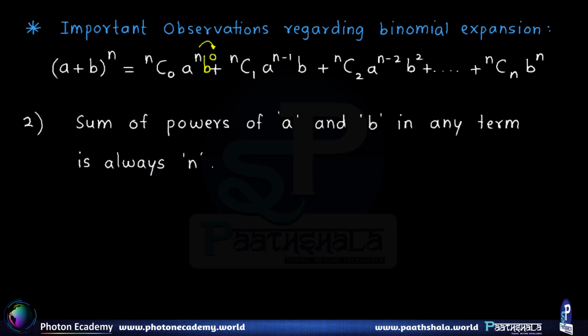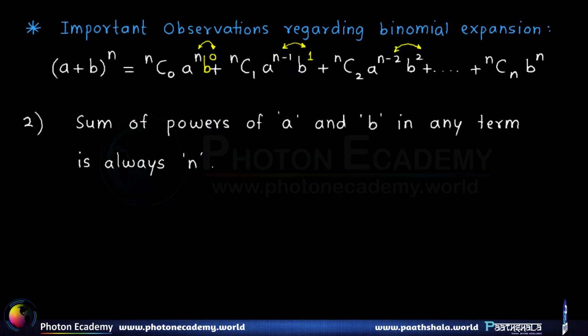And what is the sum of n and 0? That is equal to n. In case of the second term, a had the index n minus 1 whereas b had the index 1, and if you add these two once again we get n. Similarly, the sum of the indices or powers of a and b in every term will always be equal to n. So this is a very important property.